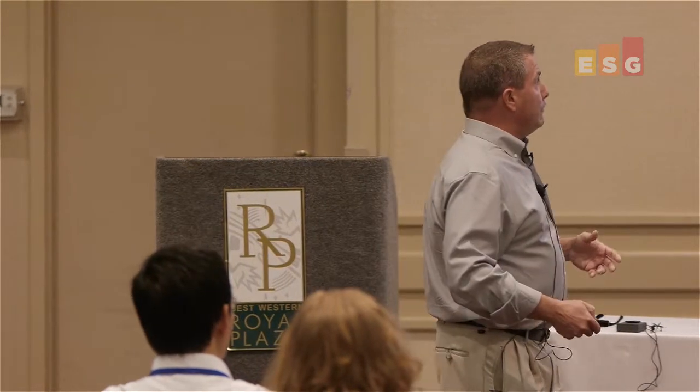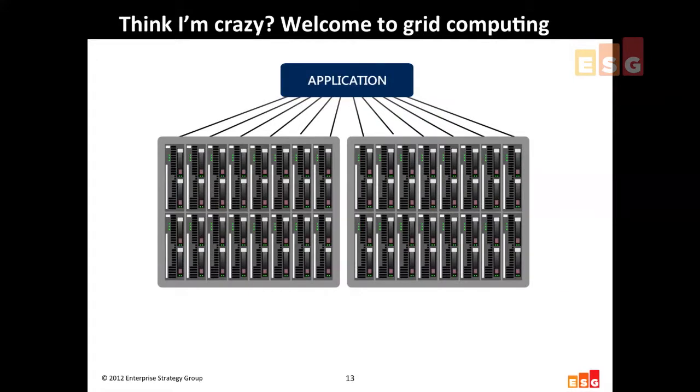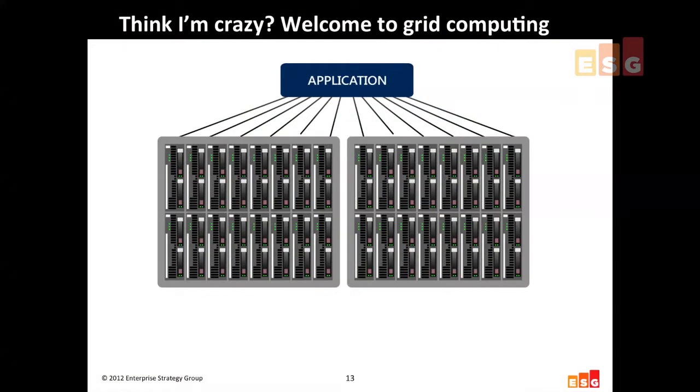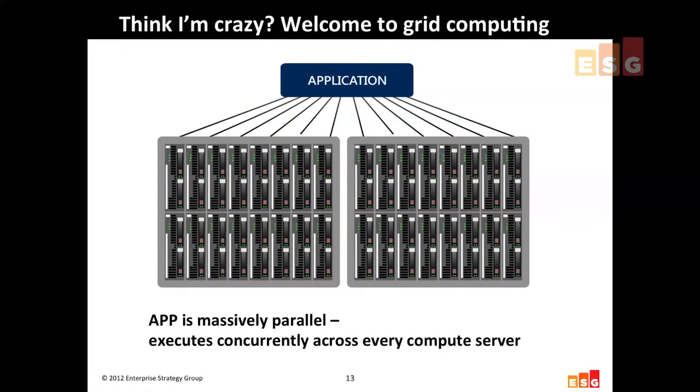And I think I can prove that that exists because we do grid computing today. Most of us not commercially, but grid computing has existed for a long time. And principally, I bring this up because that's just a relatively simplistic example to understand that if I can massively parallelize an application, the application does not know it's executing on 700 physical machines.